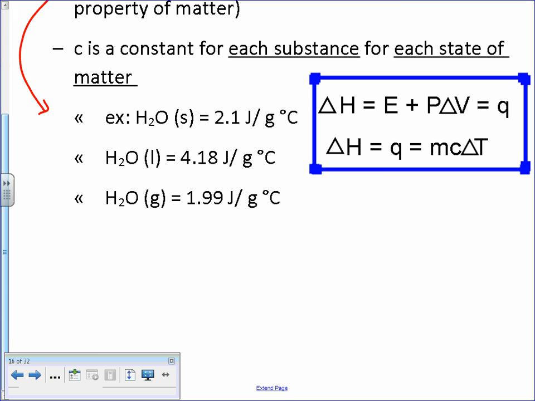The one we generally refer to is liquid water, which is 4.18 joules per gram degree C. The values for gaseous water and solid water, ice, are different. So if you ever have to deal with something at a specific state, you have to use the specific heat capacity for it. We'll go over that later. We already know how to calculate delta H at this point.